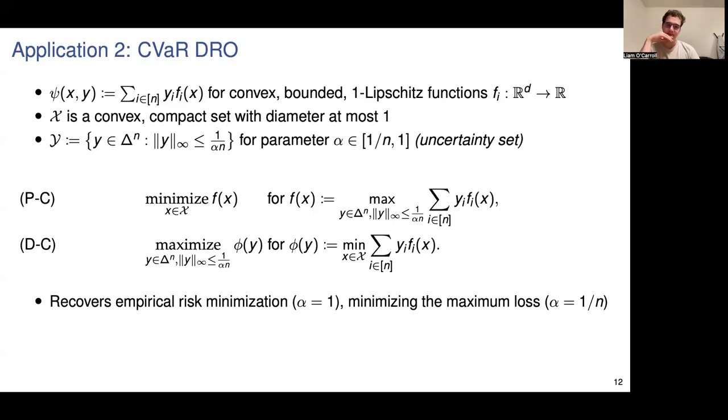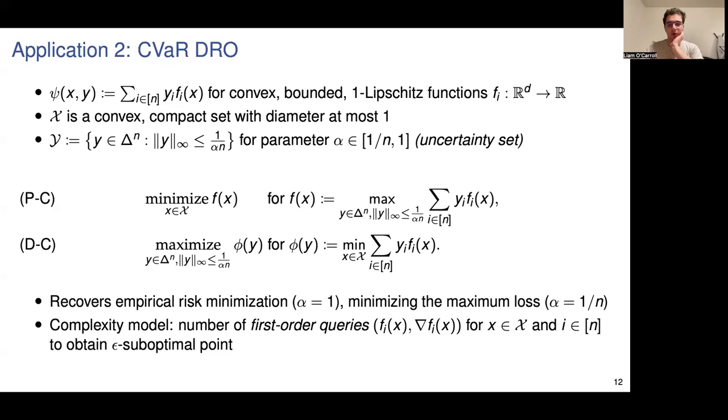And in particular, it recovers empirical risk minimization. In other words, f_i here is the loss of the model on the ith data point, in which case, if alpha equals 1, you're just minimizing the average loss, so it's empirical risk minimization. And the other extreme case of alpha equals 1 over n corresponds to minimizing the maximum loss. So CVaR is interpolating between these extremes.